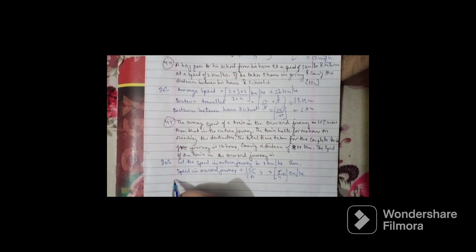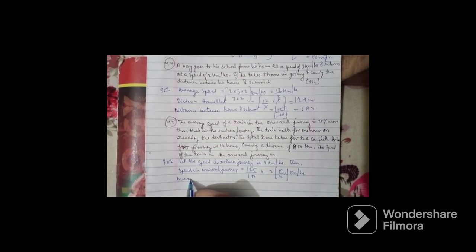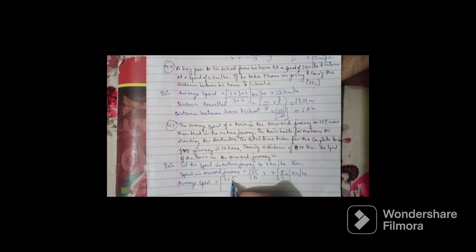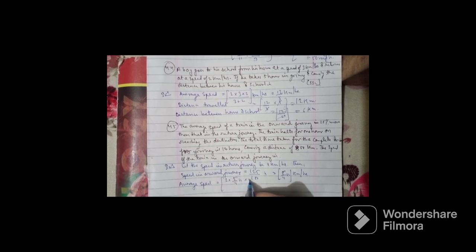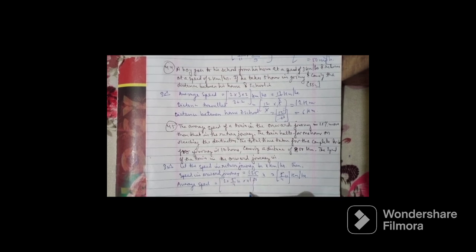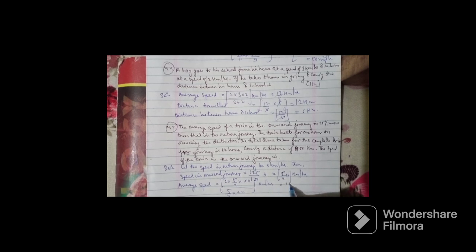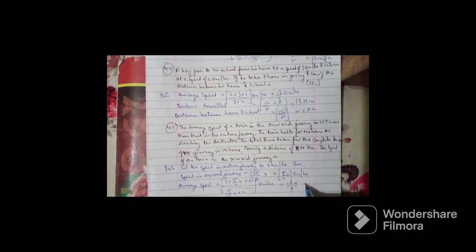So average speed equals 2 into 5 by 4x into x upon 5 by 4x plus x kilometers per hour, which is 10x upon 9 kilometers per hour.